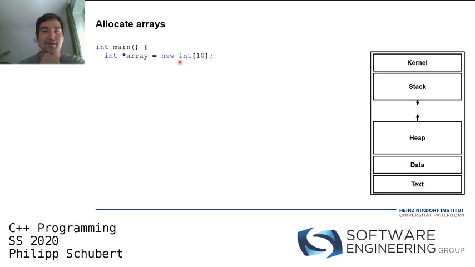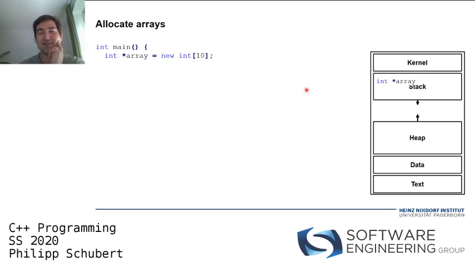That's the semantics here. You tell it what type, and then the number of that type. So 10 integers. And give me the address of that memory that is allocated, and store the address in a pointer variable array. And then by using this pointer variable array, you can access those 10 integers which are on the heap.